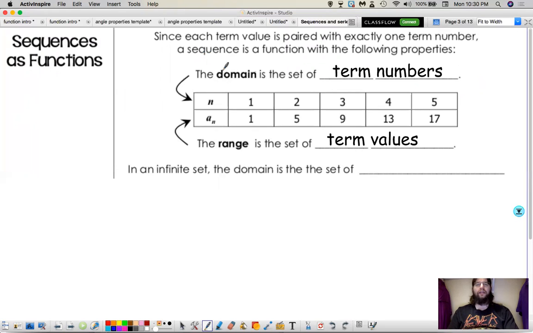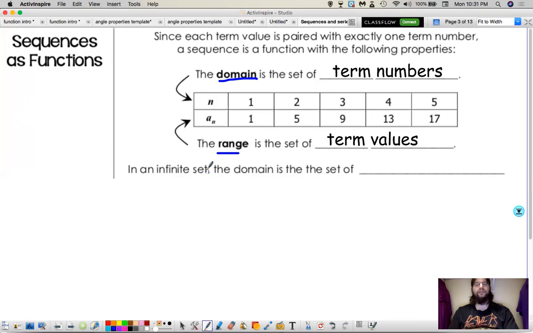So you're talking about the domain and the range of these things. The domain is just how many terms you have. 1, 2, 3, infinitely many, whatever you got. The range is whatever your outputs are. It's the values. So if you're adding 4 each time, it would be 1, and then 1 plus 4 is 5, etc. So these are the inputs, the term numbers, the outputs, the term values. And the domain of an infinite sequence would be your natural numbers, excluding 0.